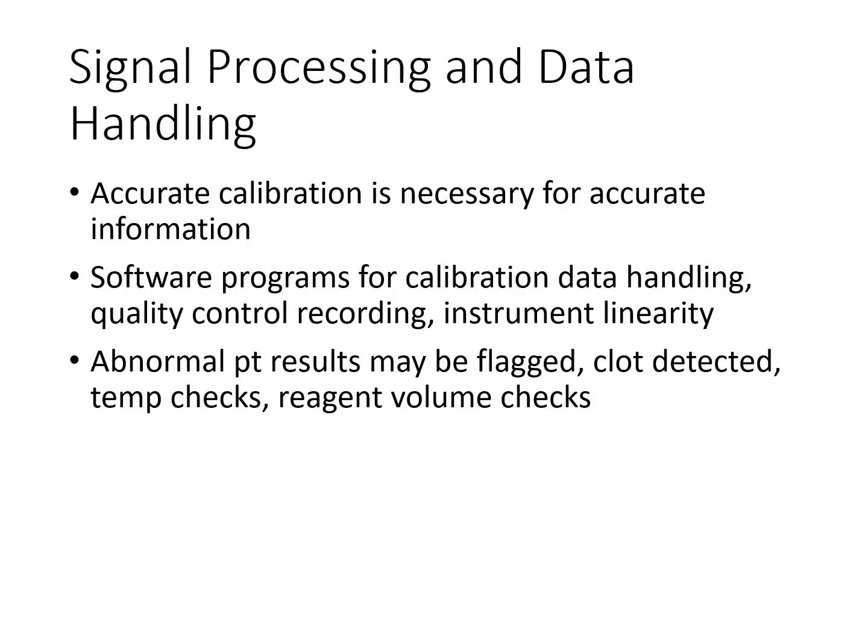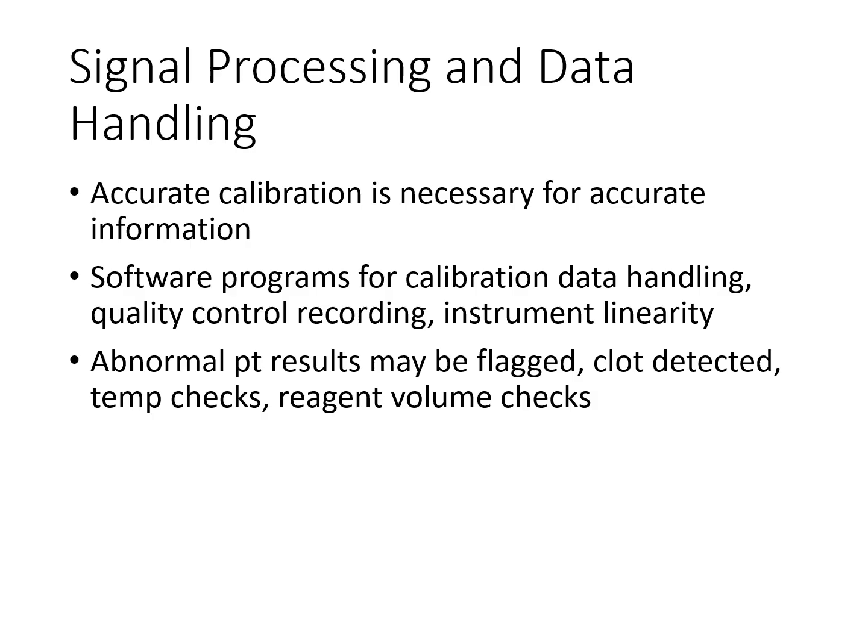For signal processing and data handling, accurate calibration is necessary to make sure that we have the correct results. There are a lot of software programs for calibration data handling that we will use. It also helps to document your quality control recording and linearities for your instrument.